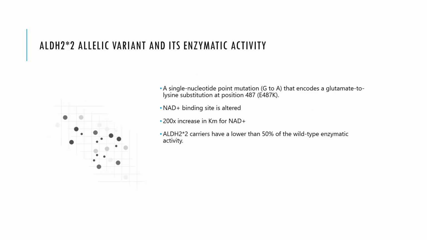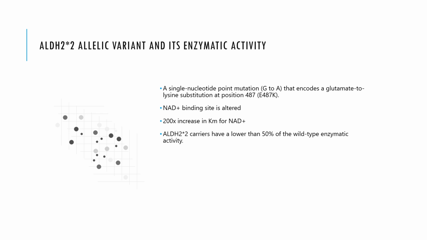The ALDH2*2 allele is caused by a single point mutation from G to A that changed a glutamate to a lysine.